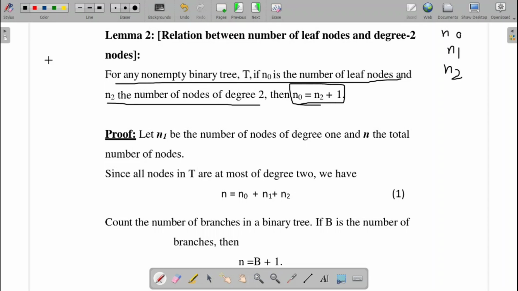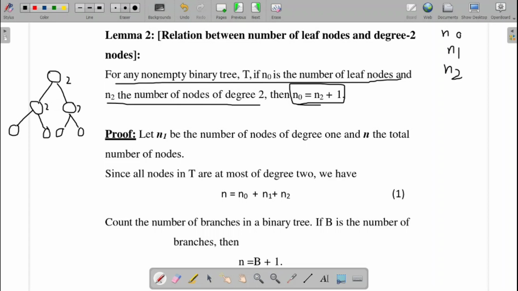So let us try to write diagrammatically, then we will prove this one. Let me take one more level. This is degree 2. This is degree 2.